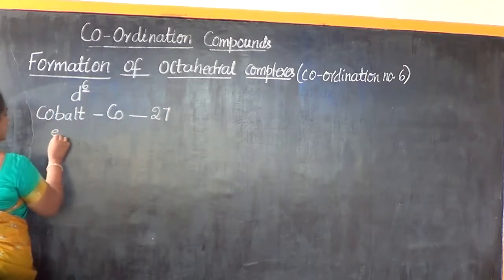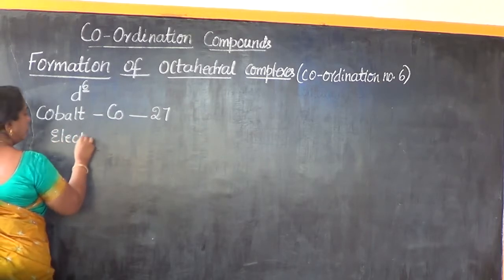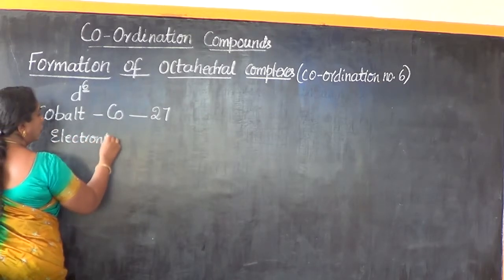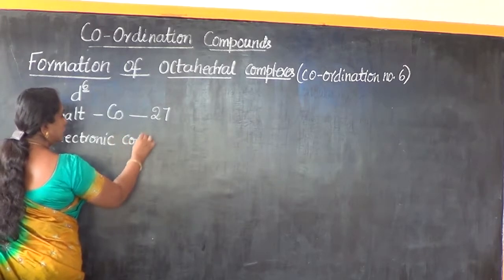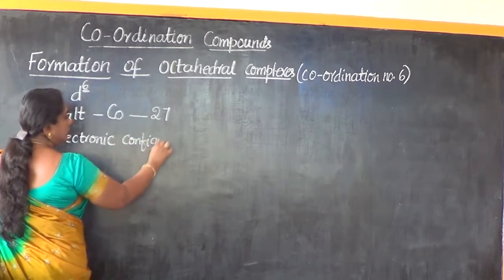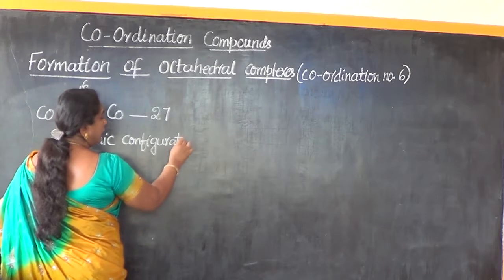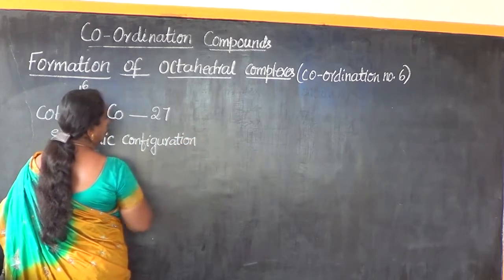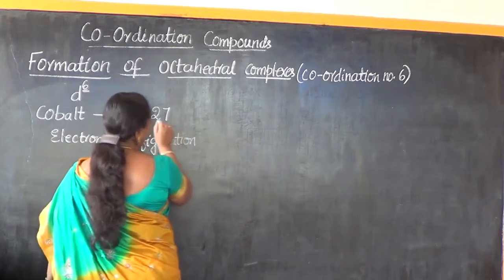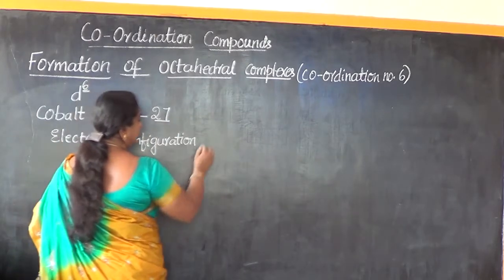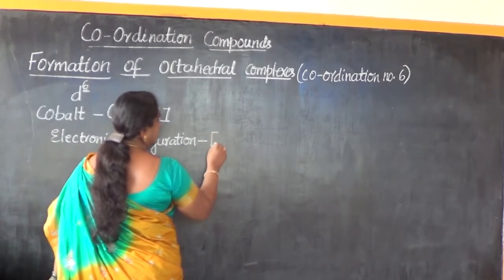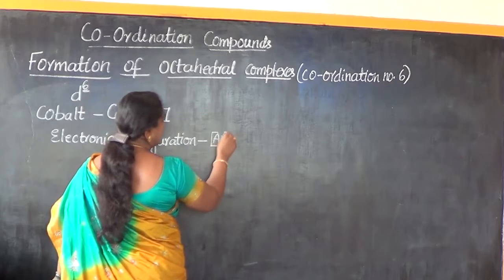Let us write the electronic configuration of cobalt in the ground state. We need to accommodate these 27 electrons. So let us try it by the standards.